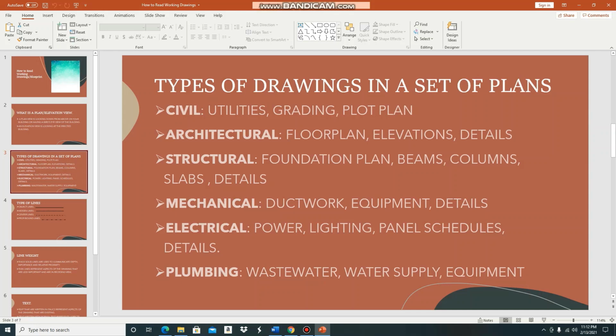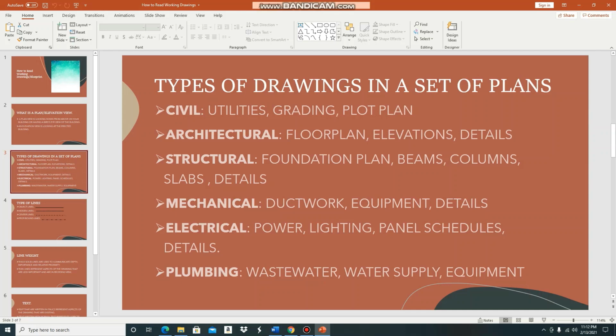These are mainly for industrial or commercial buildings, where the magnitude of construction is vast and more detailed. But for the typical residential building, you do not have to consider the mechanical, electrical and plumbing plans. These are for bigger industrial buildings. We just merely deal with, on the working drawings, your electrical or your plumbing layout.